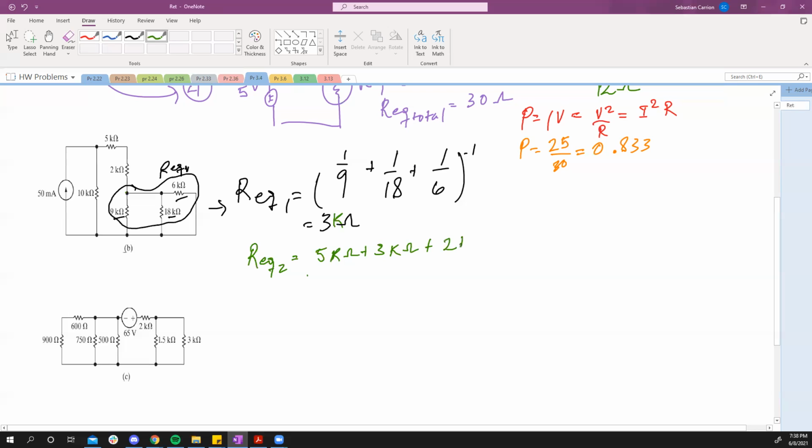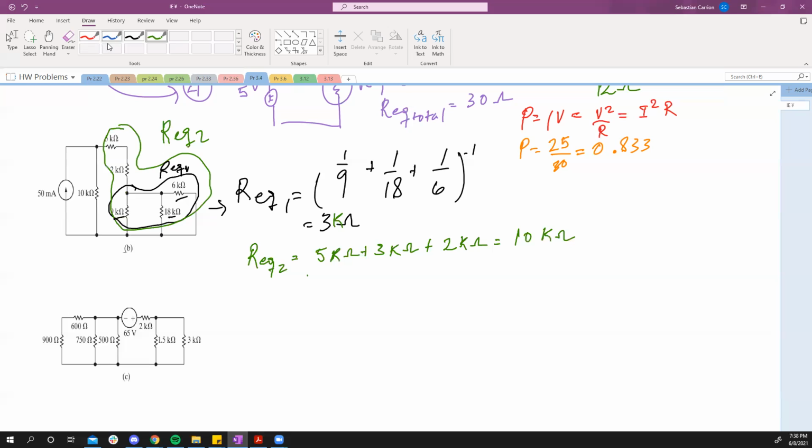Oh, yeah, which is 10. All right, so now we see that there is this second equivalent in parallel with this 10,000 ohm resistor.